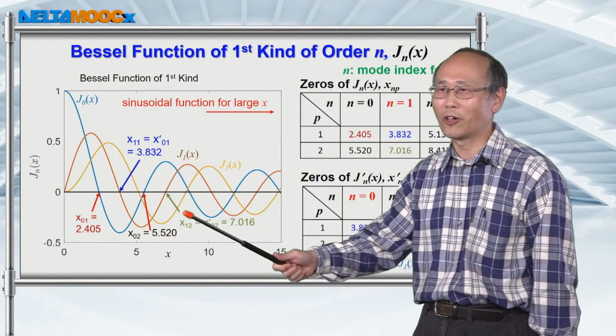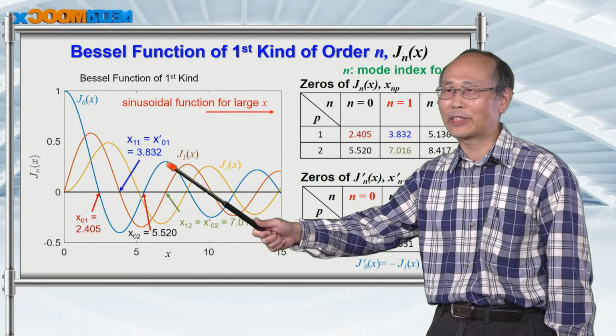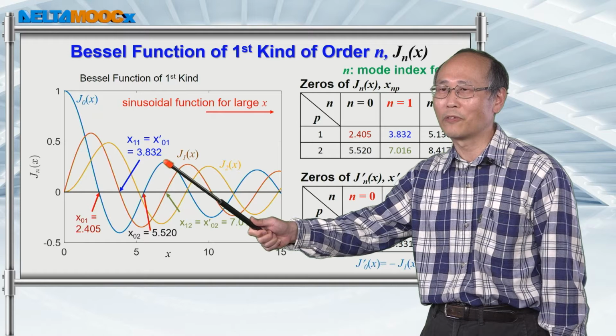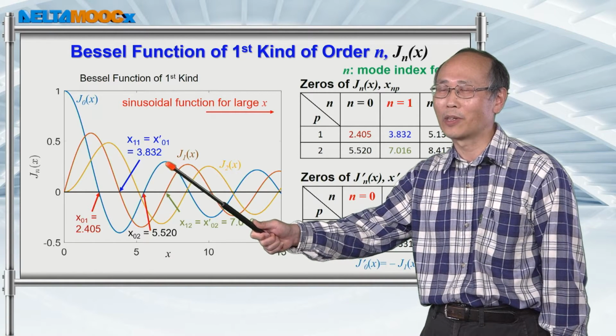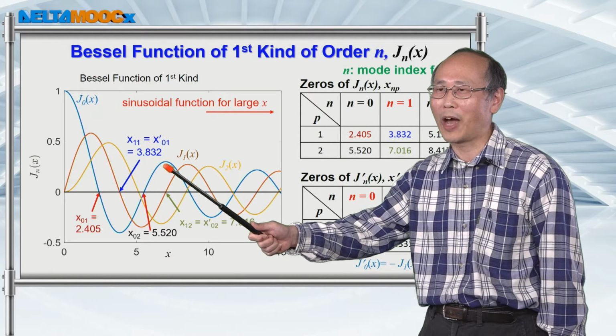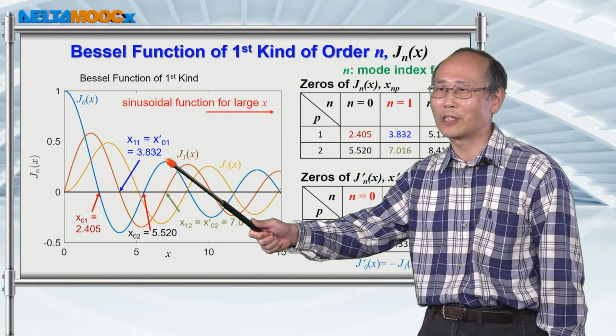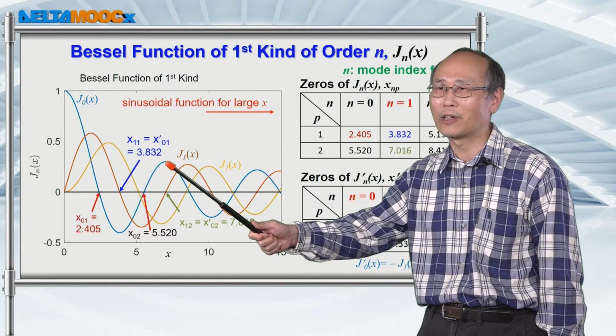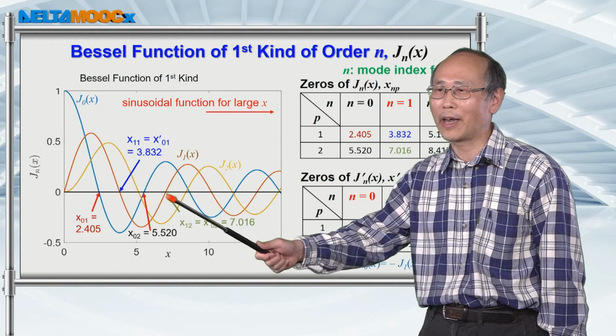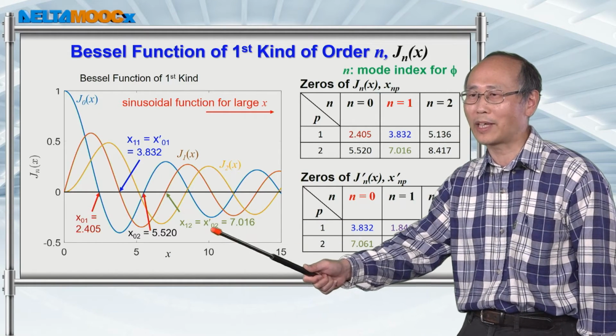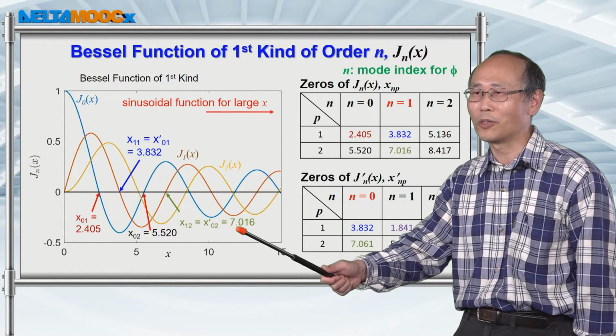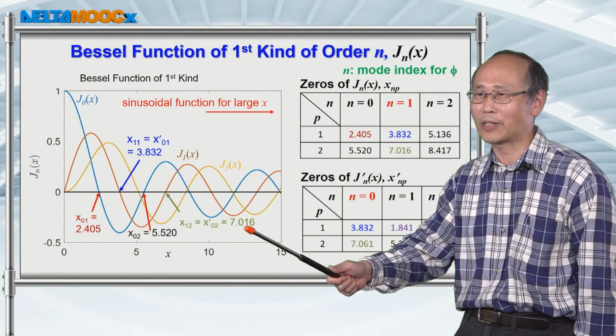Similarly, you can also identify the second zero crossing point for the derivative of the J0 function, because the second point where you have a zero slope is this point on this J0 function. At this point, I label it as x prime 02, equal to 7.016.